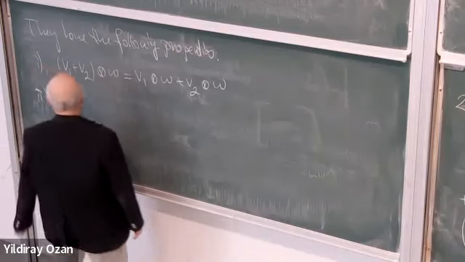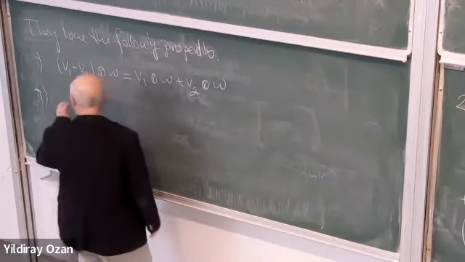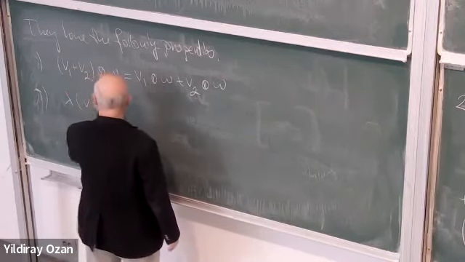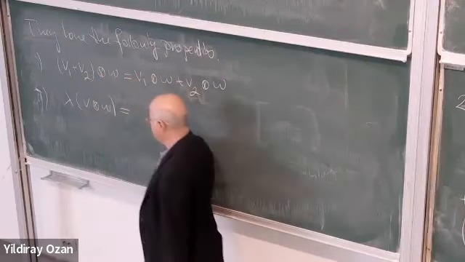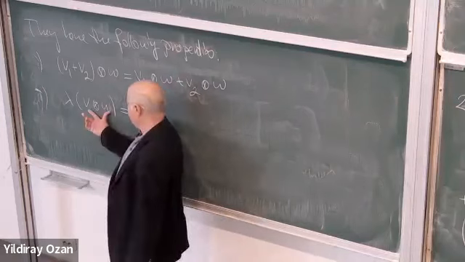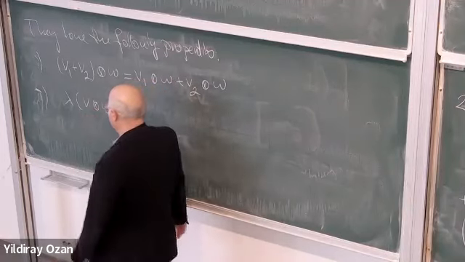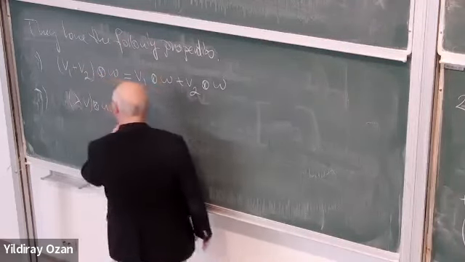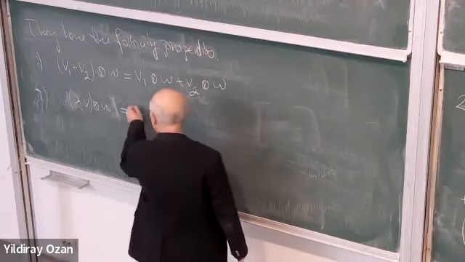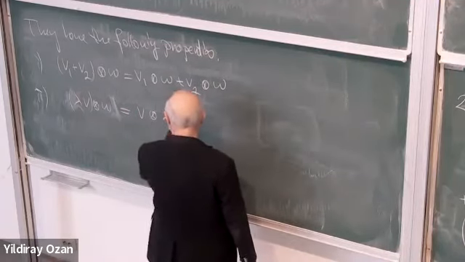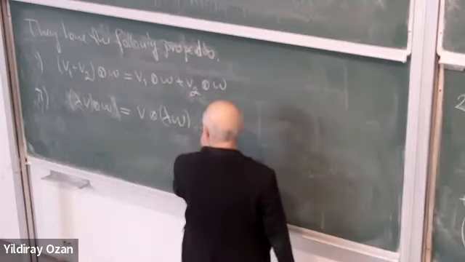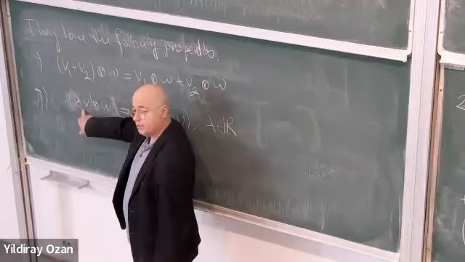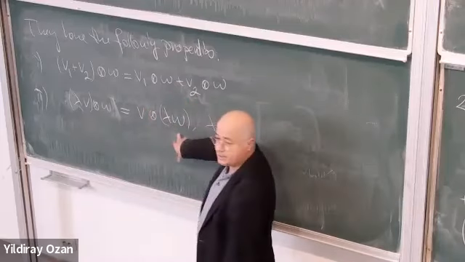What else? They also satisfy the following. Lambda times V, where V is a vector, tensor W is the same as V tensor lambda times W, as long as lambda is a scalar. So this tensor product is the same as this tensor product.